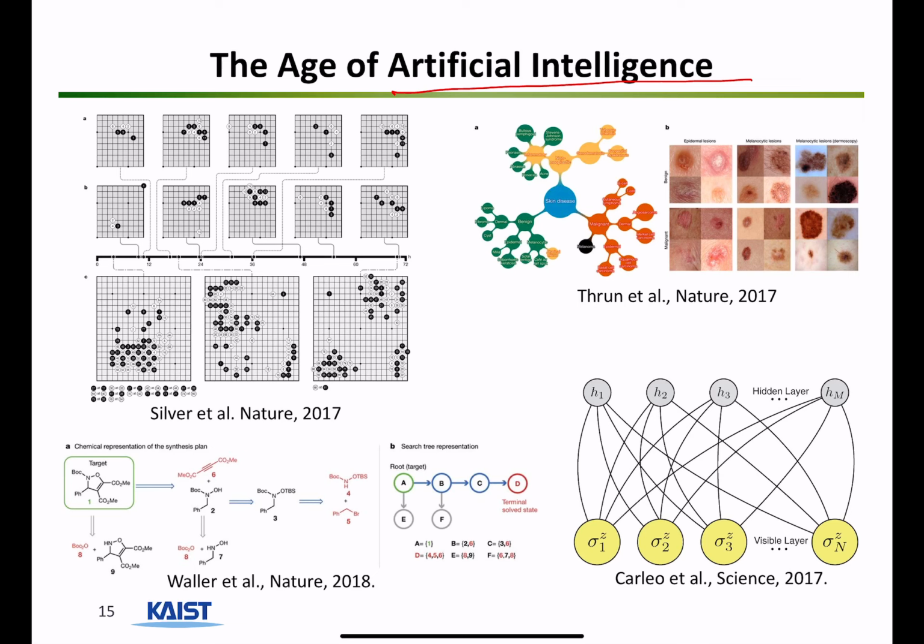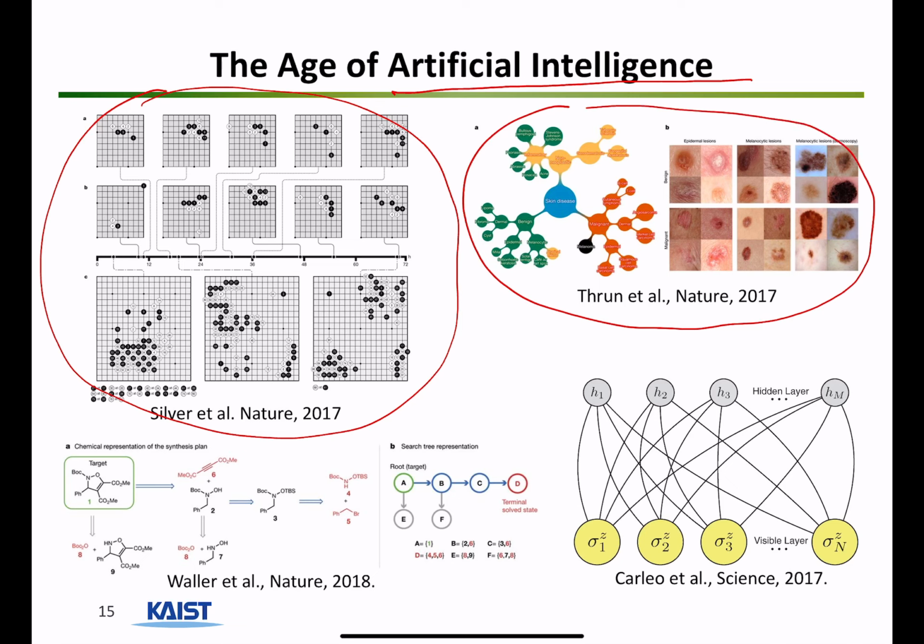I think a lot of you know some of these examples, such as playing Go. We have an AI machine that can play Go better than any other Go players. This is detecting, I think, skin cancer. The AI can look at the images of patients and determine whether or not it will lead to skin cancer. And in this paper, I think the authors show that the neural network outperforms medical doctors.